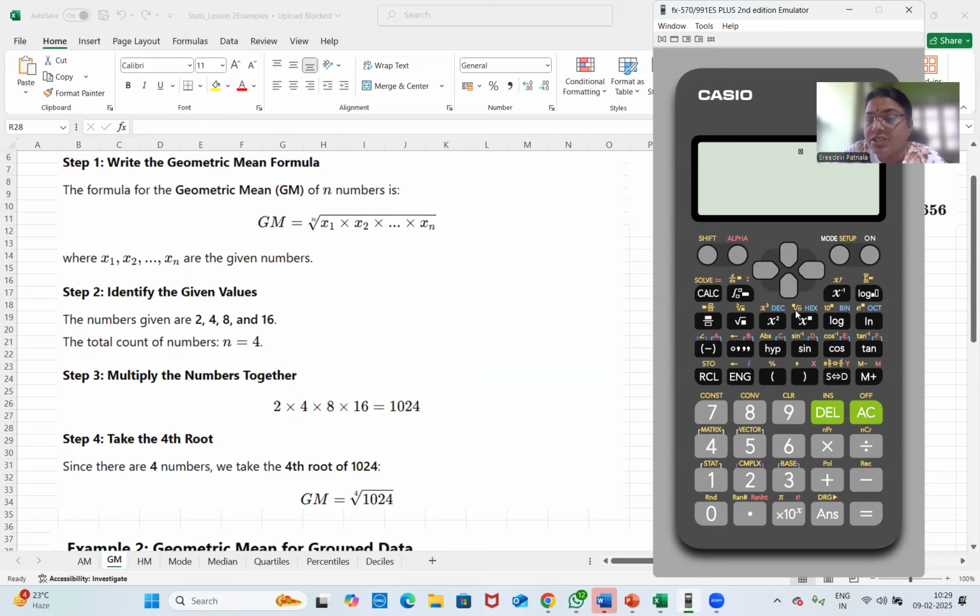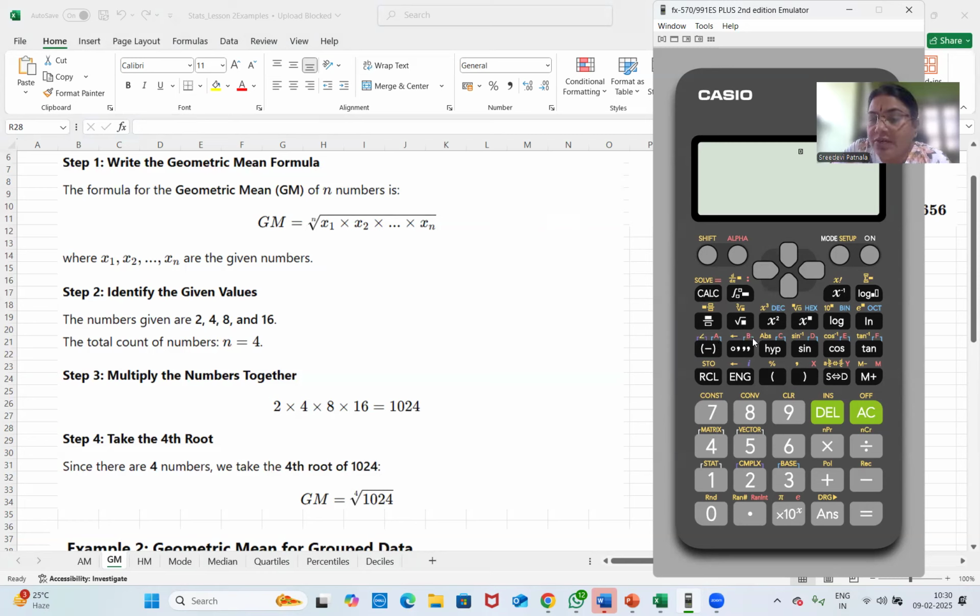Here, if you see the yellow color symbol, a small square with the root of a number, this is the symbol we want because this is the fourth root. But it is in yellow color. To get the yellow color function, you have to use Shift.